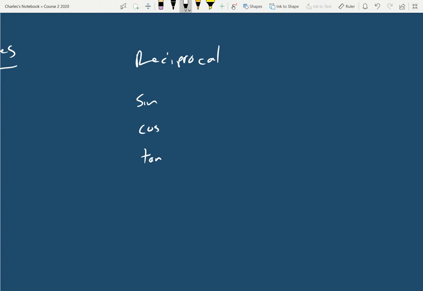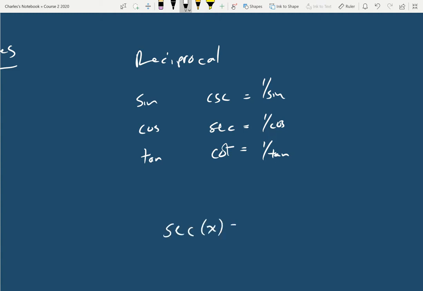You have seen these pretty regularly, but then there are 3 more, which are cosecant, secant, and cotangent. The cosecant is 1 over sine, the secant is 1 over cosine, and the cotangent is 1 over tangent.